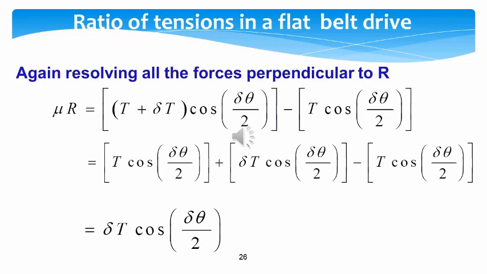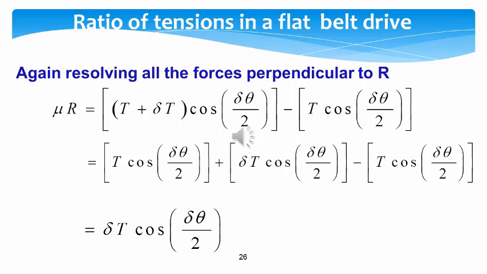Now again resolving all the forces perpendicular to the direction R, we get mu R is equal to T plus del T cos del theta by 2 minus T cos del theta by 2. So T cos del theta by 2 plus del T cos del theta by 2 minus T cos del theta by 2.